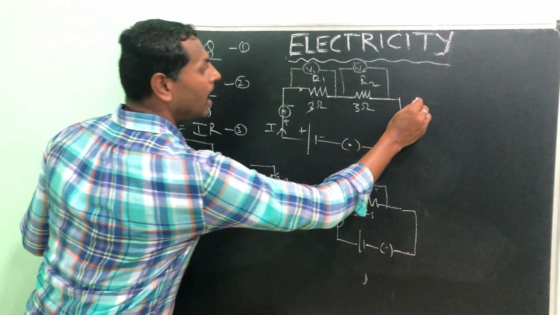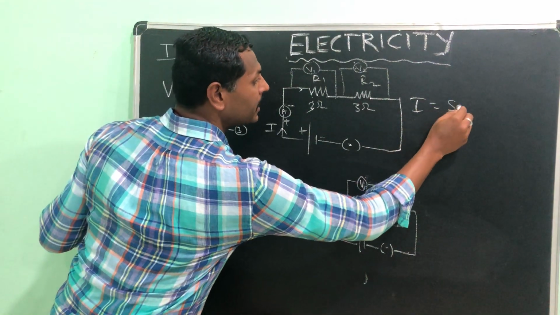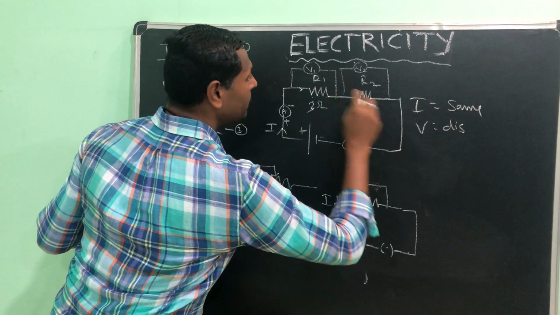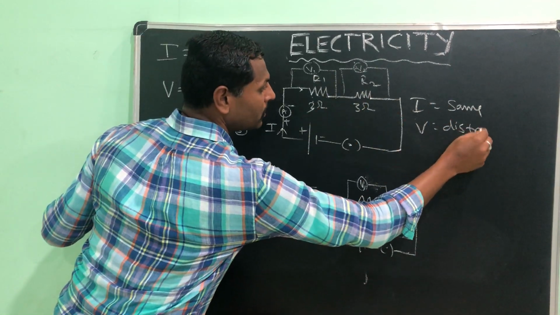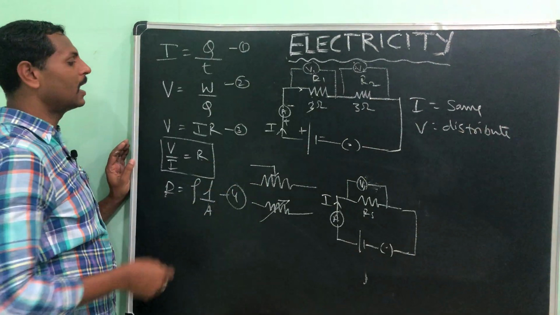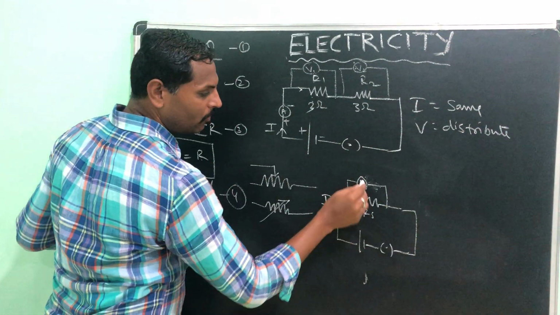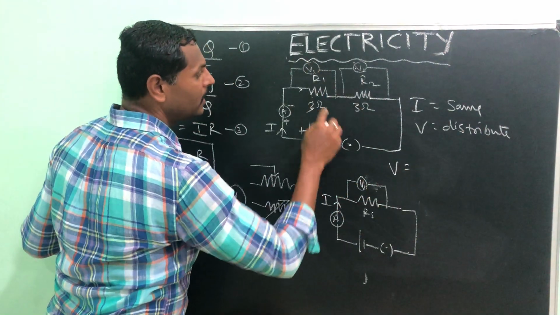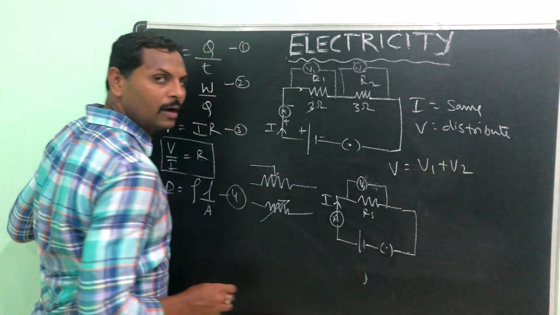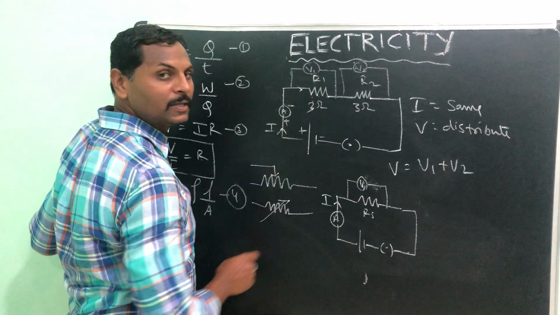Remember this: I remains the same, V is going to be distributed as V1 and V2. So V is equal to IR, we know that. Here V is equal to V1 plus V2.